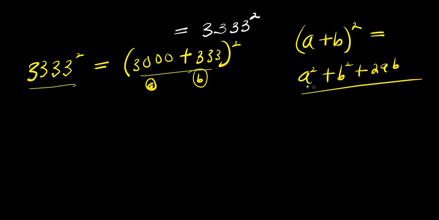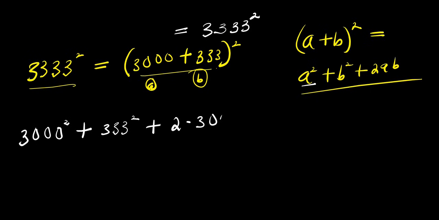So a squared will be 3,000 squared plus b squared will be 3 power 2 plus 2 times 3,000 times 3. So that is a squared plus b squared plus 2 times ab.